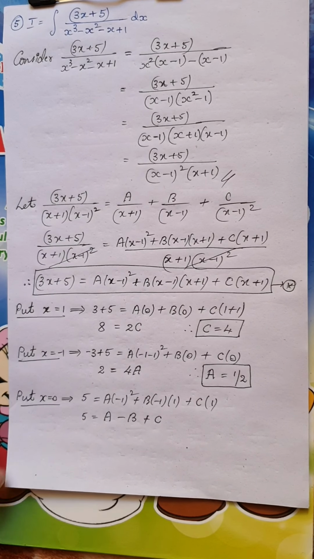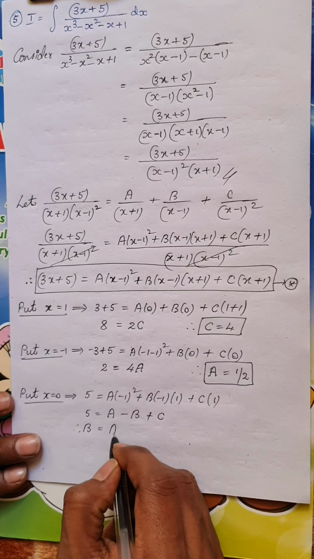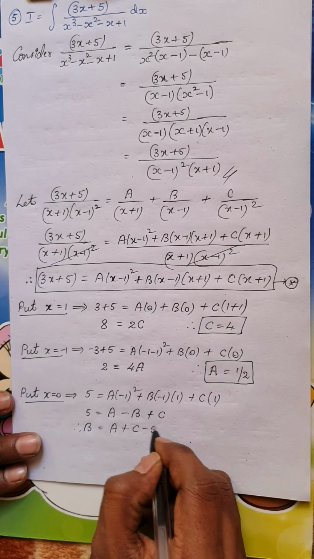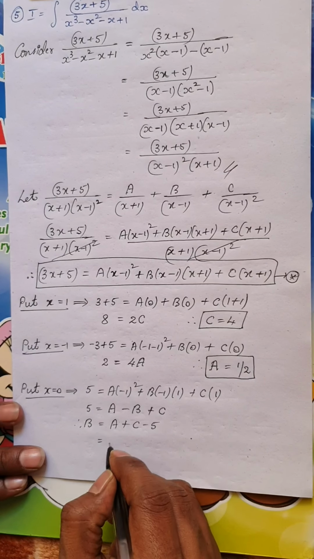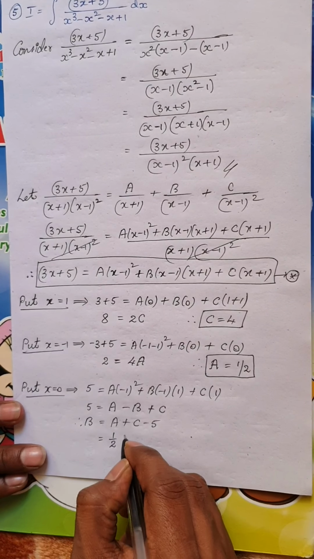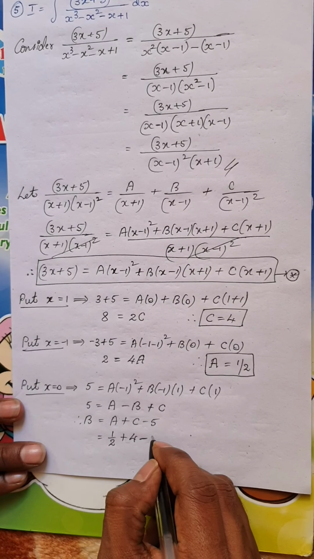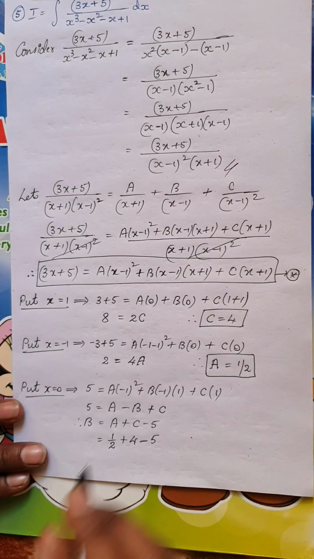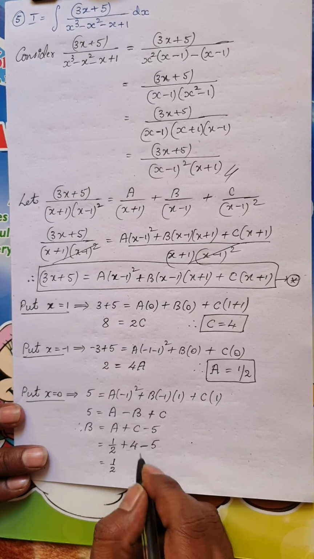I want the value of b here. Therefore, b would be a plus c minus 5. What is the value of a? Value of a is half, plus value of c is 4, minus 5. So half, what is 4 minus 5?